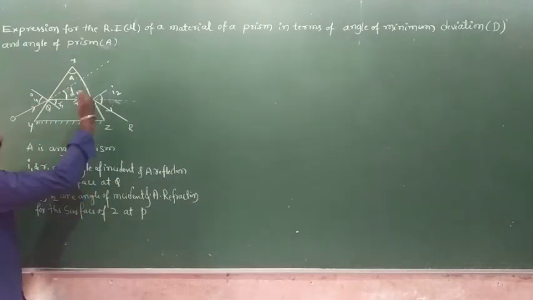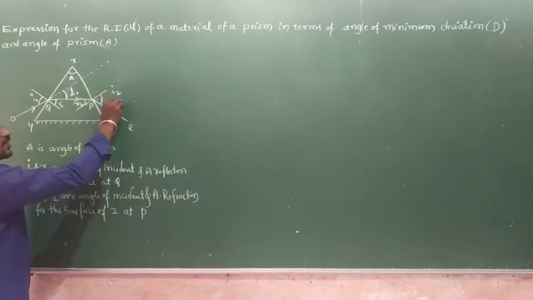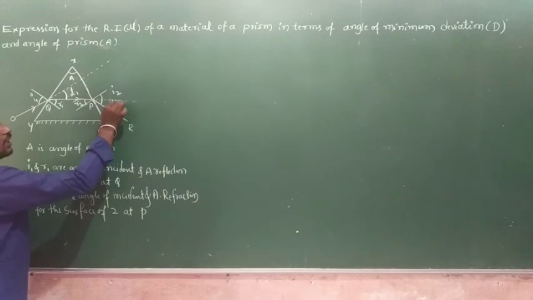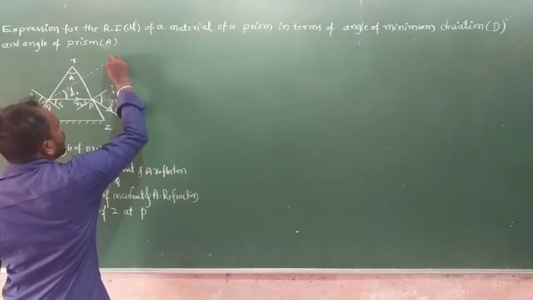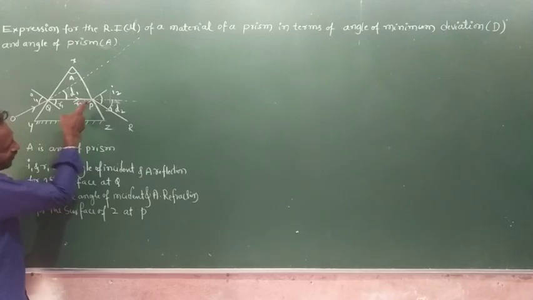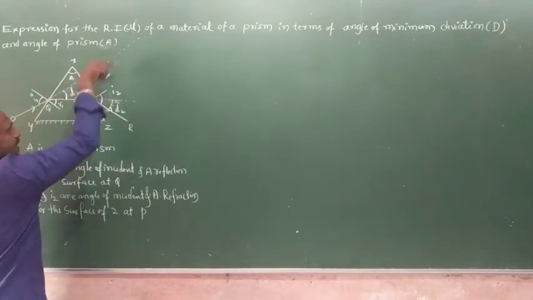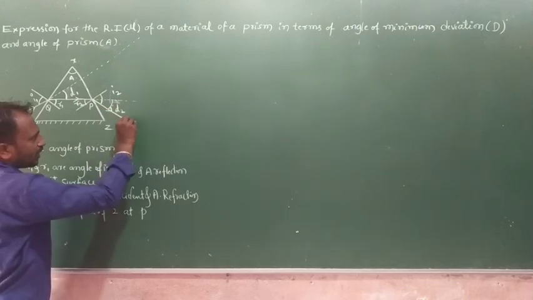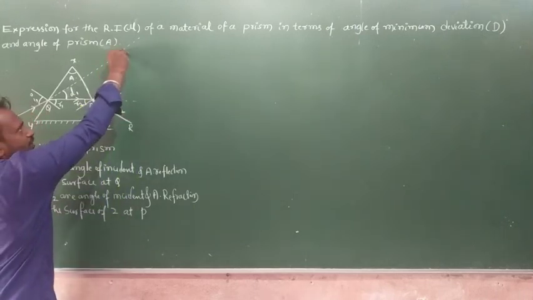Another one, extended incident ray and this one is the refracted ray, so this angle we consider the angle of deviation D2. And the total angle of deviation: the incident ray, finally we get the emergent ray, with the extended incident ray and the emergent ray. We want the total angle of deviation.